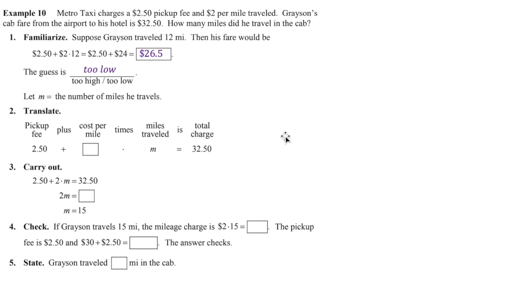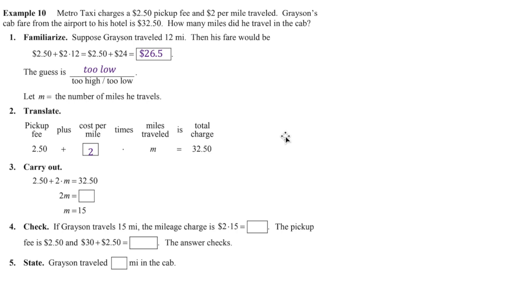Now we could continue guessing and checking, but we already have an equation nearly set up at this point. We have our pickup fee plus $2 per mile times the number of miles we're traveling, for a total of $32.50, which is how much he spent.